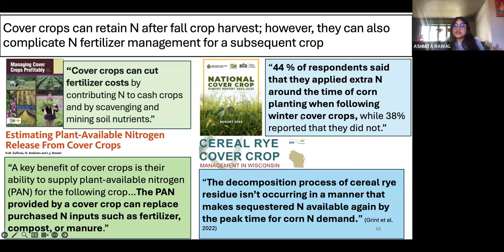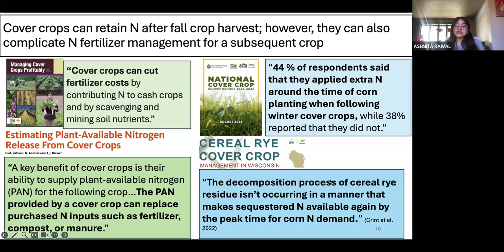And in some surveys, it was found that around half of the respondents reported that they applied extra nitrogen around the time of corn planting when following winter cover crops, and half of them said they didn't have to do that.